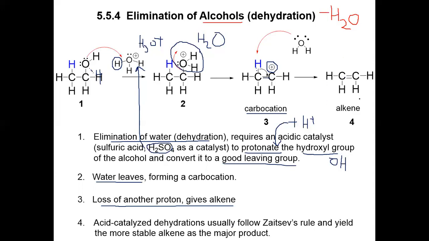So there's a rule on how we want to determine what kind of alkene will be produced as the product. So acid catalyzed dehydrations usually follow Zaitsev's rule and yield the most stable alkene as the major product. So this reaction will have a major and minor products.